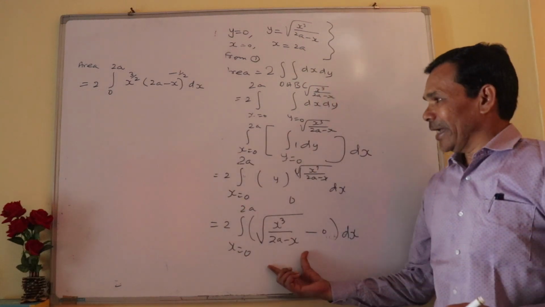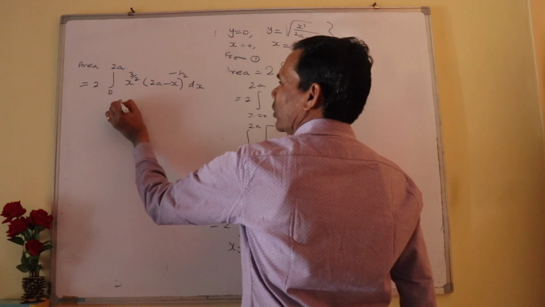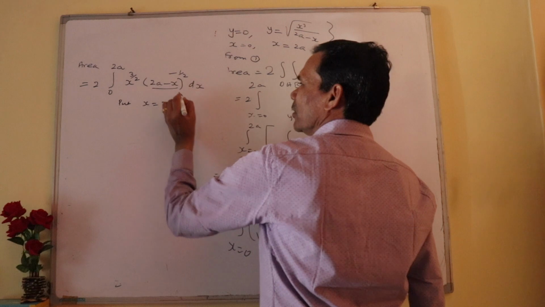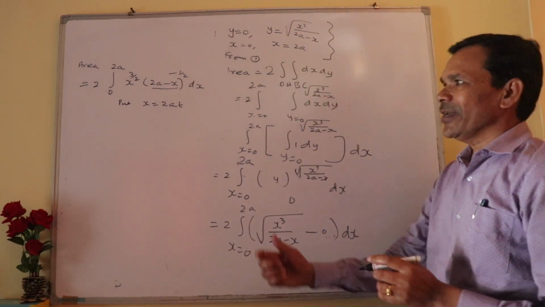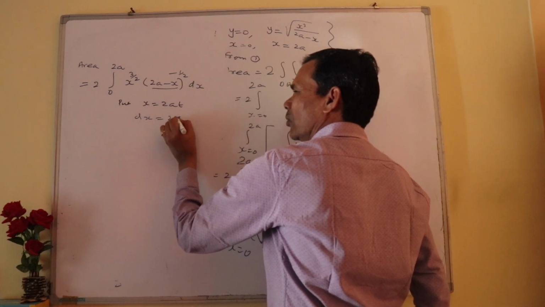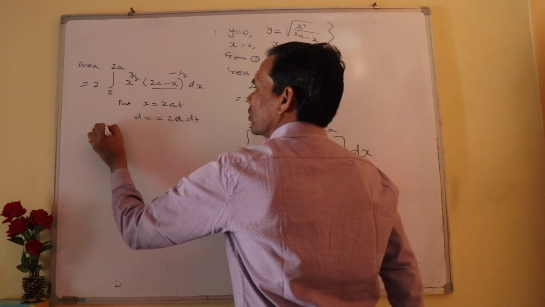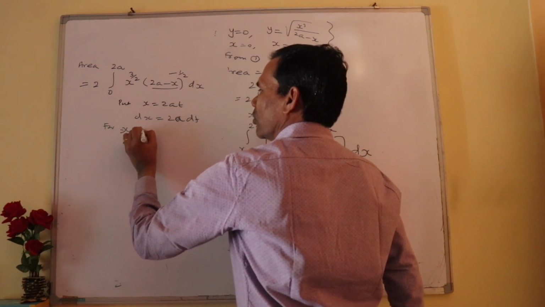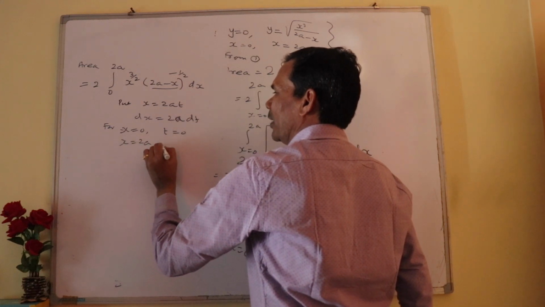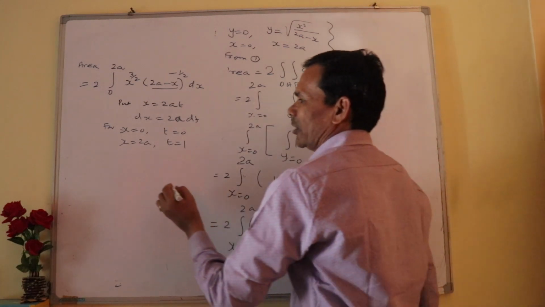So this I can modify into a particular form. I convert this to a beta function, put x is equal to 2 times a into t, because 1 minus t is the priority. So dx is equal to 2 times a into dt, and the limits: for x is equal to 0, t is equal to 0, and for x is equal to 2a, the upper limit, t is equal to 1, because 2a gets cancelled. So these are the limits you are getting.